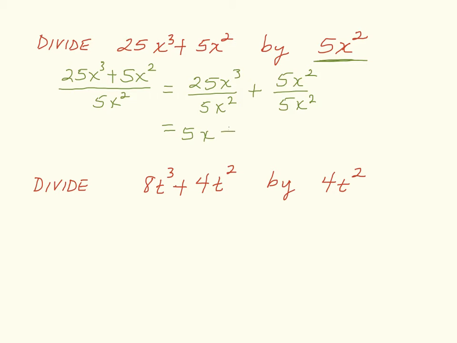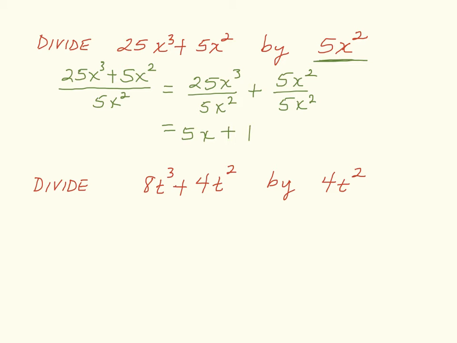Plus, what's 5x squared divided by 5x squared? Remember, anything divided by itself is 1. Same thing here. It's 1. So keep in mind what we did. When you're dividing by a monomial, this is something you have to remember. All you do is divide each separate term by that monomial.